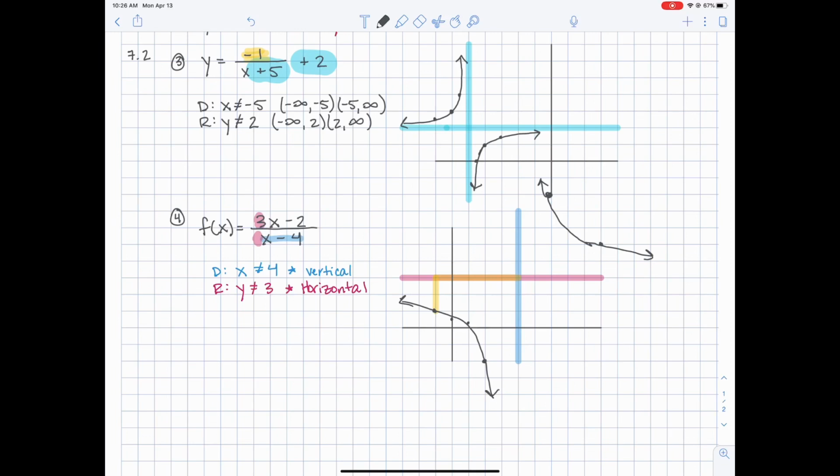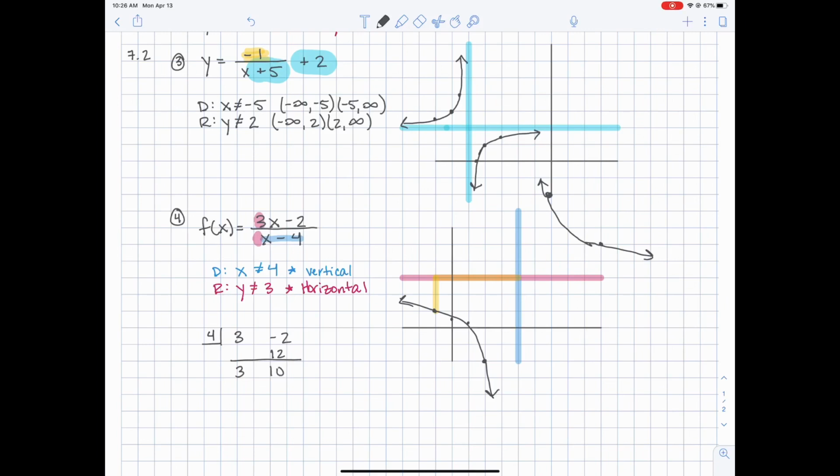Now, I want to test my stretch and see if I did this correctly. So I'm going to turn my equation into my transformation form. How I'm going to do that is I'm going to work with division. So I have 4 in my divisor box, my coefficients, 3 and -2. Bring down the 3, that's 12.